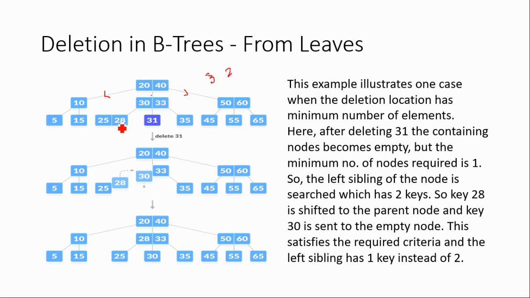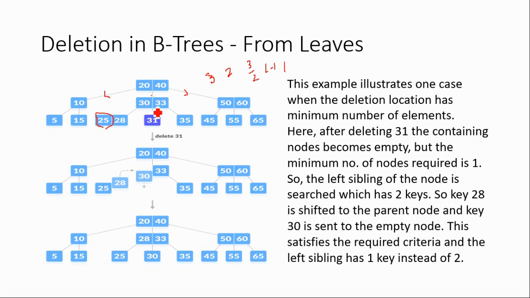The minimum number of elements that we can store is 3 by 2, and taking the ceiling, that is 2, minus 1 is 1. So 1 is the minimum number of elements stored there, and 2 is the maximum.